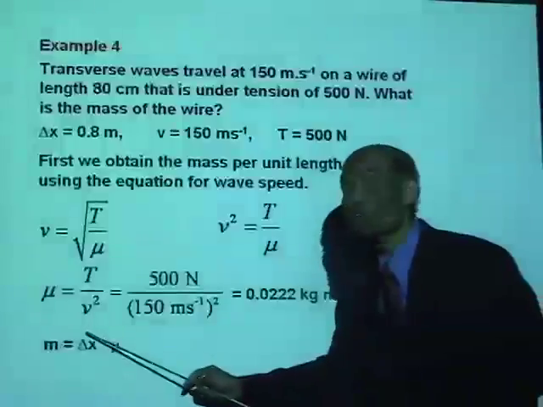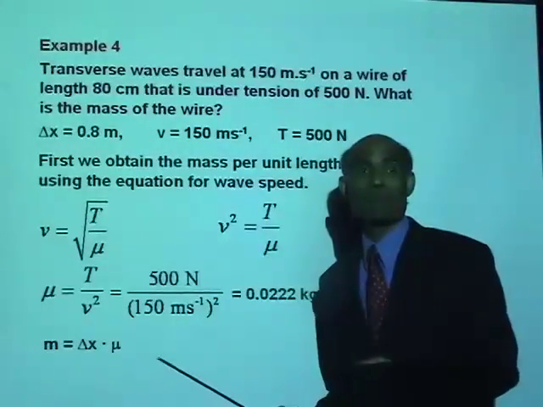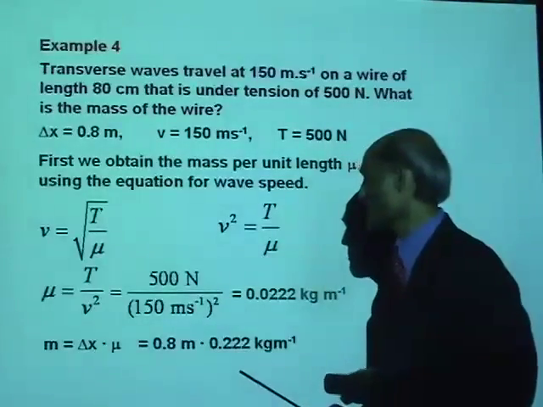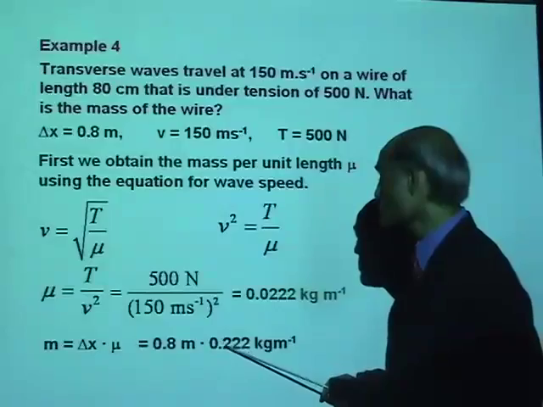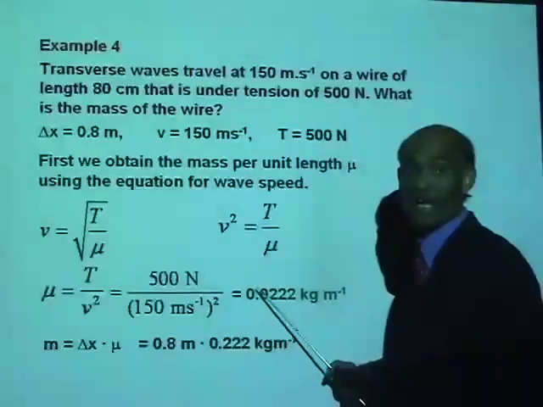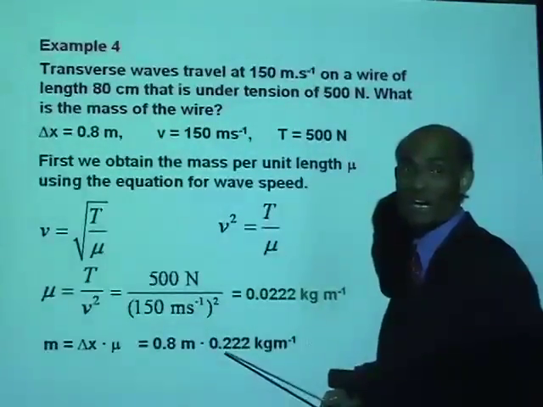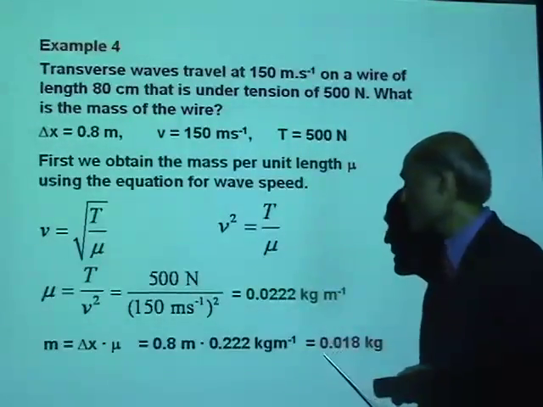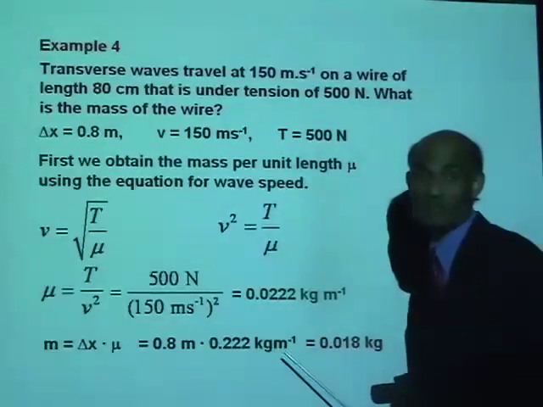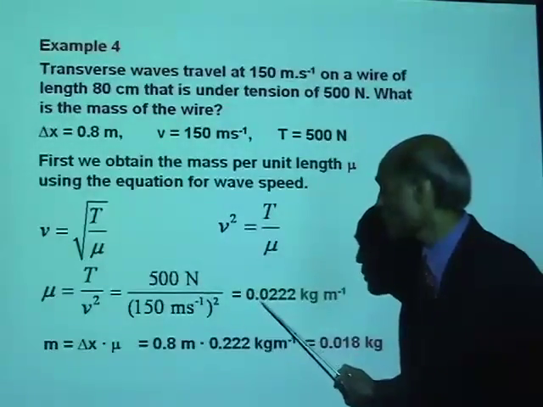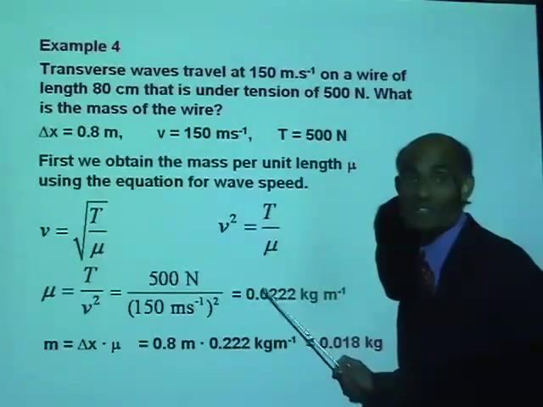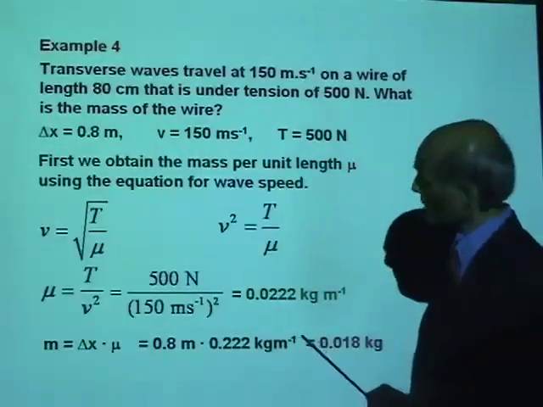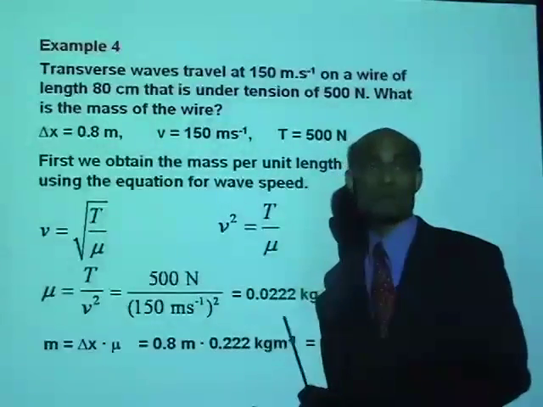So m equal to the length multiplied by mass per unit length. That would be 0.8 meter multiplied by 0.0222. Make that correction there. You see how I make mistakes? I want you to check this result. I'm going to leave it there like this, and I want you to check it. I think I made a mistake because I dropped that 0. So check that and correct this on your own. Okay? Let's go and do another one.